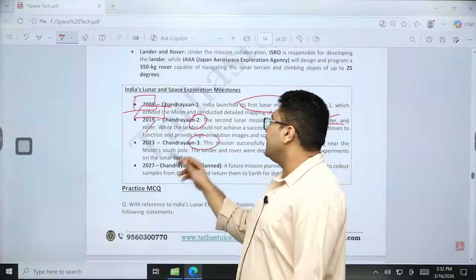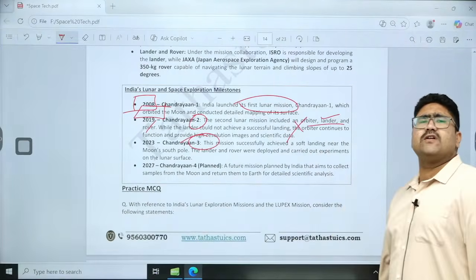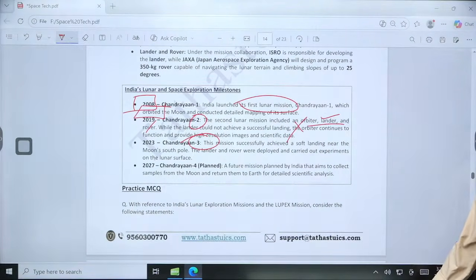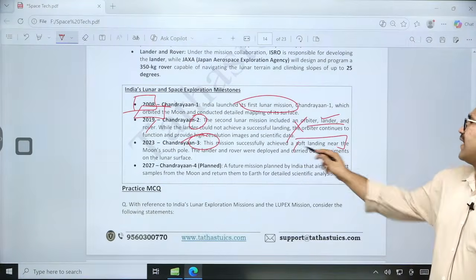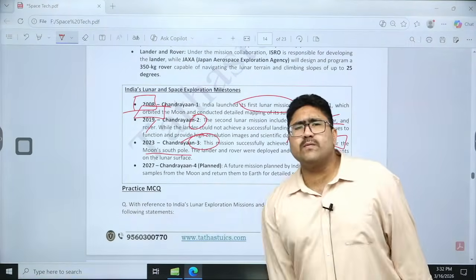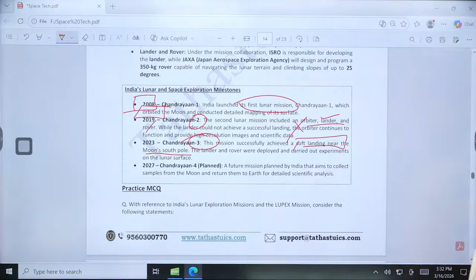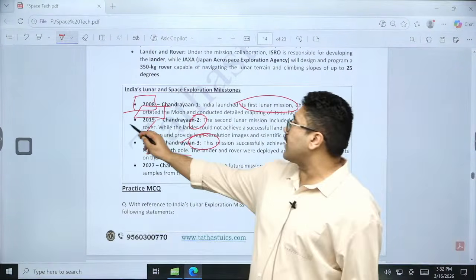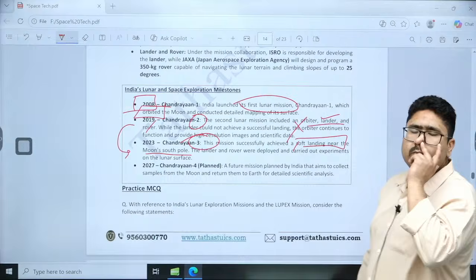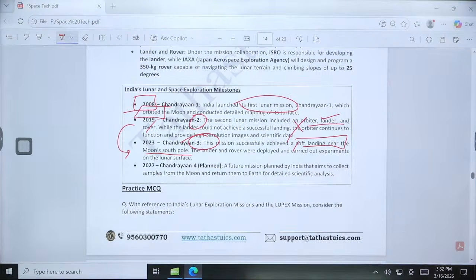With Chandrayaan 3, India became the first country in the world to have a soft landing near the south pole of the moon, and this was basically to overcome the failure of Chandrayaan 2. So the Chandrayaan 3 mission was launched.